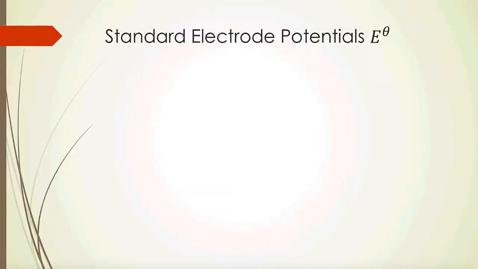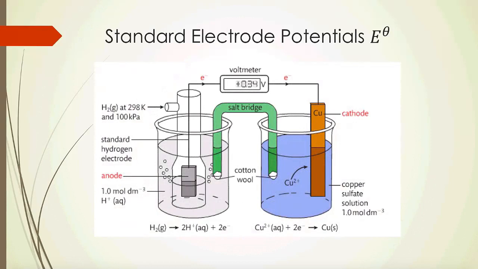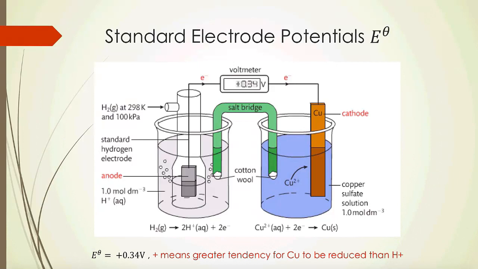For standard electrode potentials, E theta, when hydrogen is placed in another half cell with copper, so we want to figure out the copper's standard electrode potential, we connect the circuit, and we see that it's plus 0.34 volts. The positive value means that Cu has a greater tendency to be reduced than hydrogen.